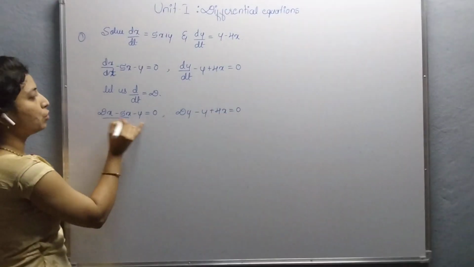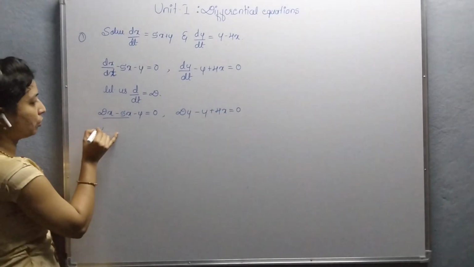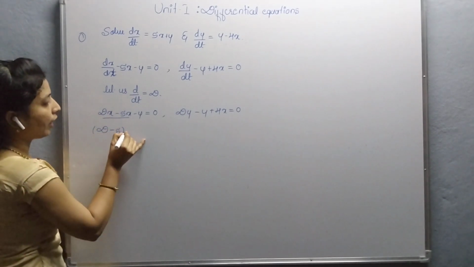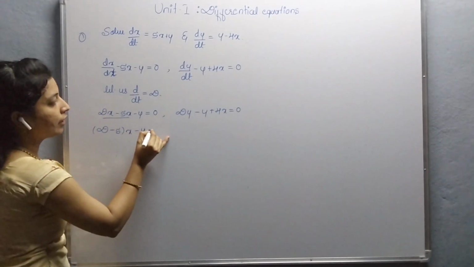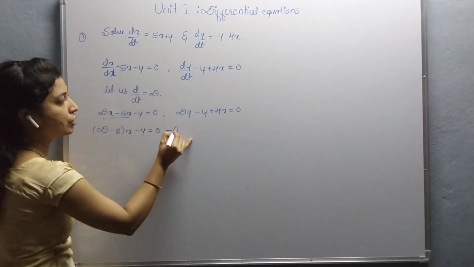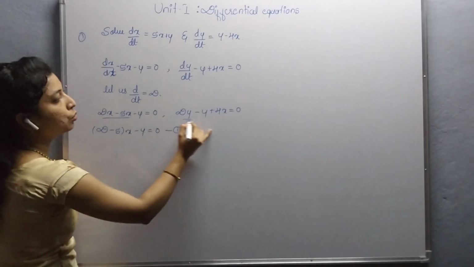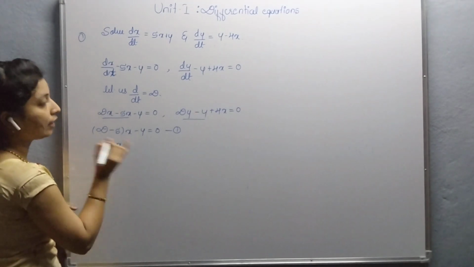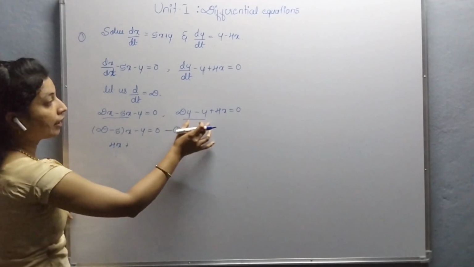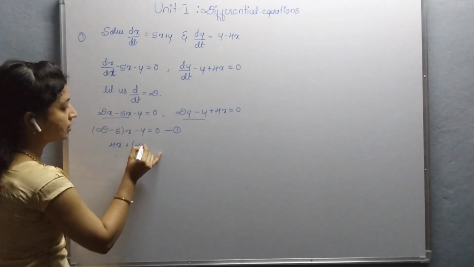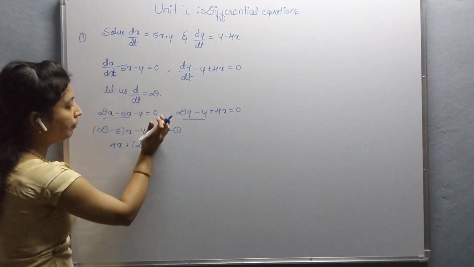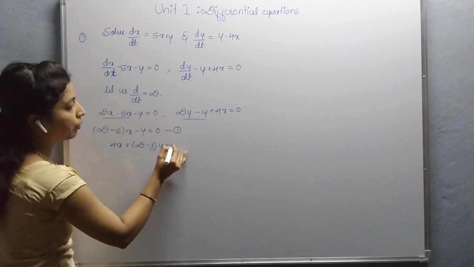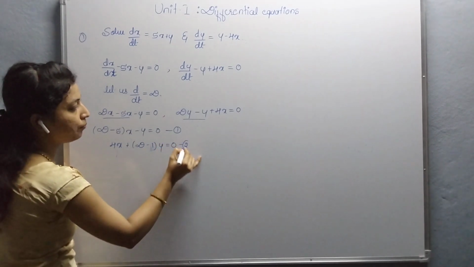From these two terms, x is common, so the equation can be written as (D minus 5) x minus y is equal to 0. Call this equation 1. And from the second, first I write the x term, that is 4x, plus taking y as common, (D minus 1) y is equal to 0. Call this equation 2.